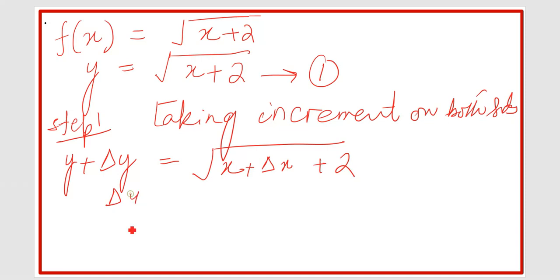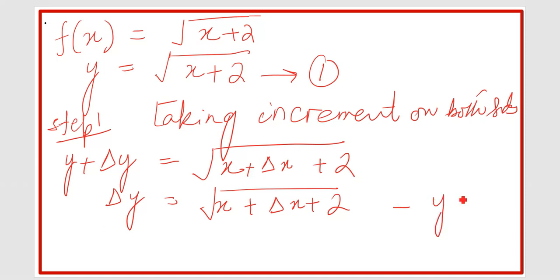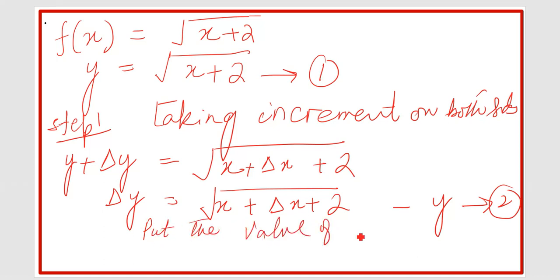And then we will take this y to the right hand side of the equation. Here we have square root of x plus delta x plus 2, so here minus y, because when y comes to the other side of the equation, the sign will change. Here I said that y is equal to square root of x plus 2, so we will put this value of y from equation 1 into equation 2.